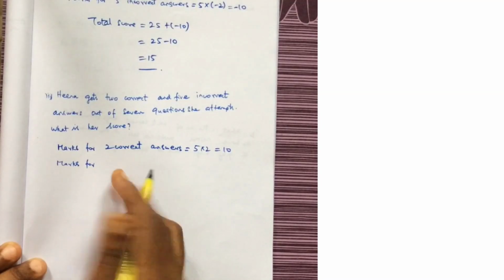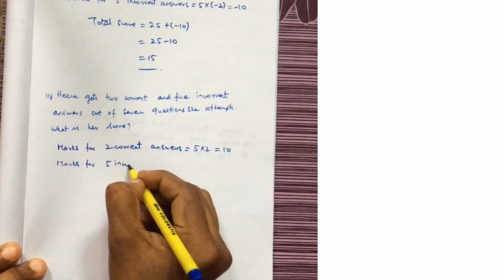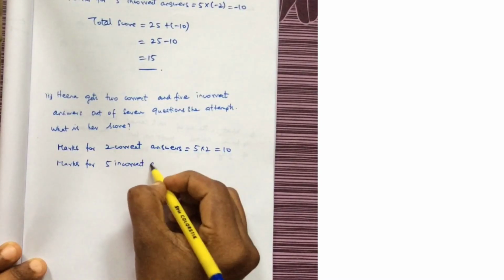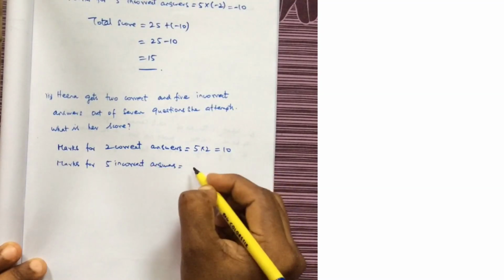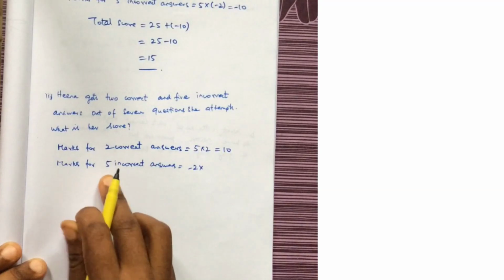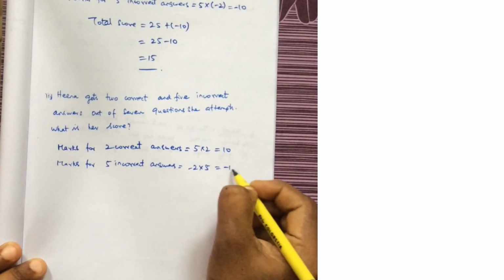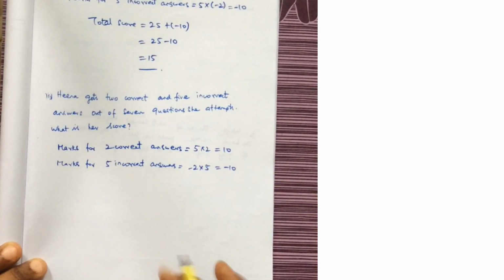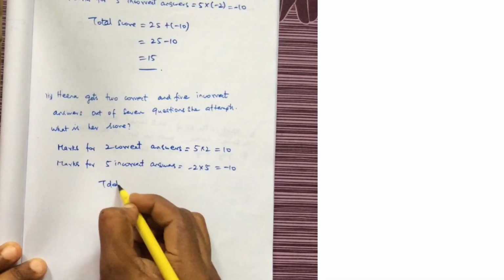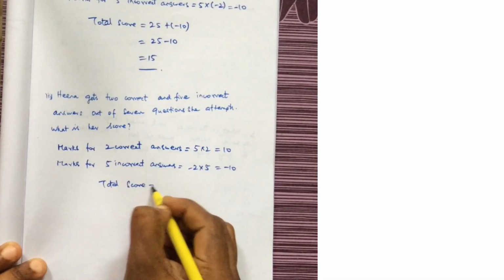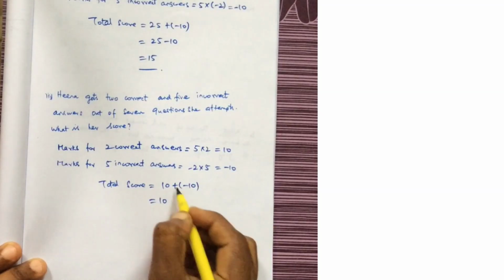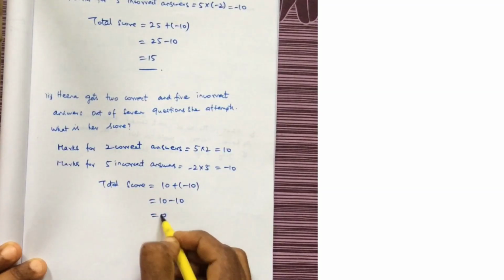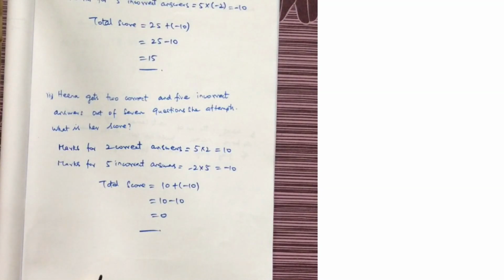Marks for 5 incorrect, for each question it is minus 2 multiplied by the number of questions, 5, that is equal to minus 10. Here you can see total score 10 plus minus 10, that is 0. Here the total score is 0.